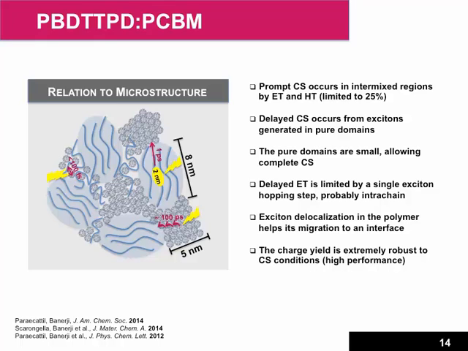And an X-ray diffraction study showed that you get about 20-25% of this intermixed phase, and this correlates very well with the 25% of charge separation which we saw here. So the yield of this doesn't depend on any hot effects, but it's really limited by the amount of intermixed phase that you get.